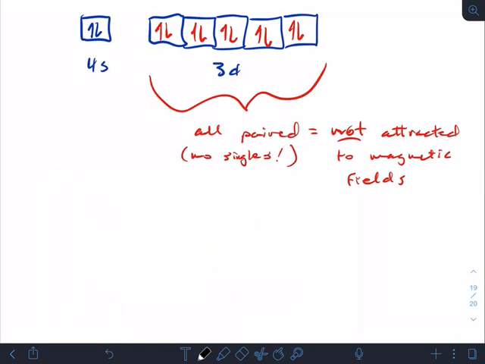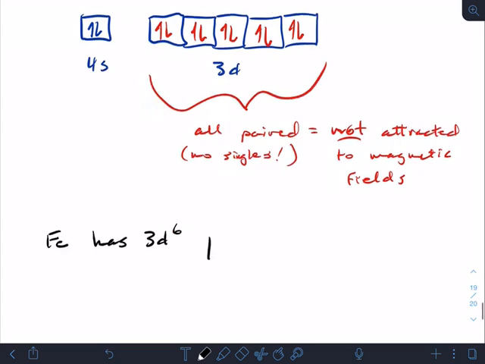So like we said, if you hold a magnet up to a bunch of pencil leads, even though they're made of carbon, you're probably not going to be able to move them with a magnet. Let's look at something that we all know is very magnetic. Iron has, at the end of its electron configuration, a 3d6.